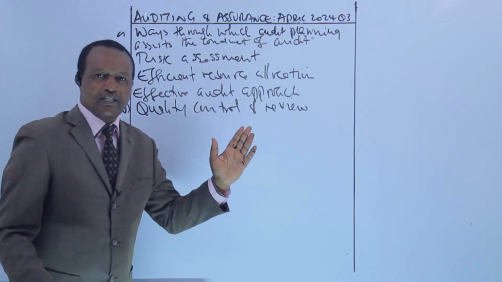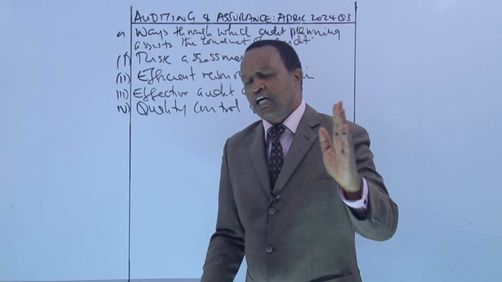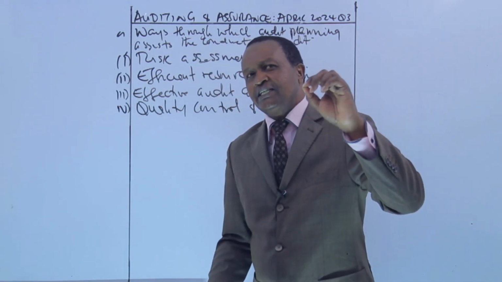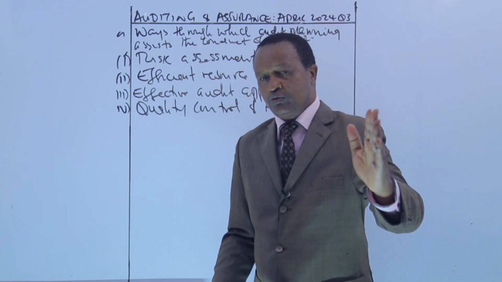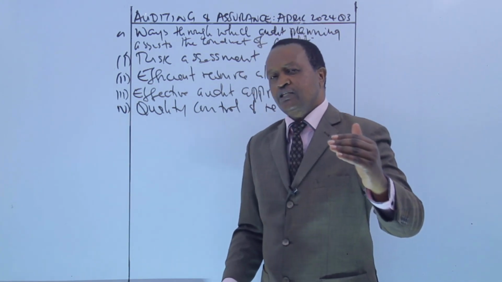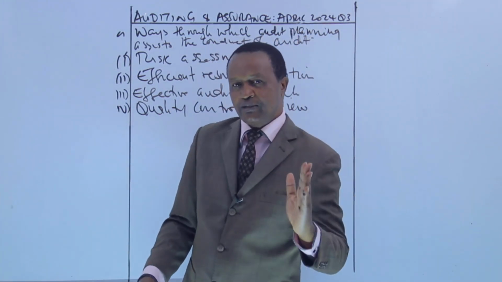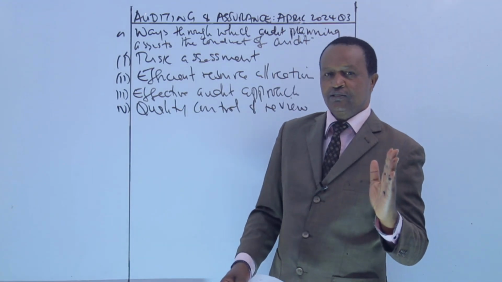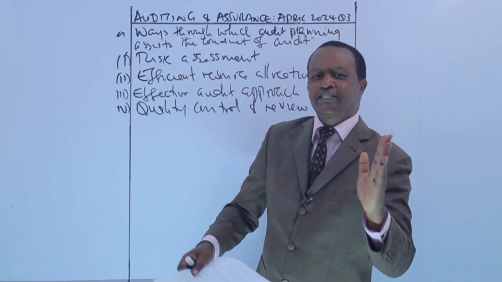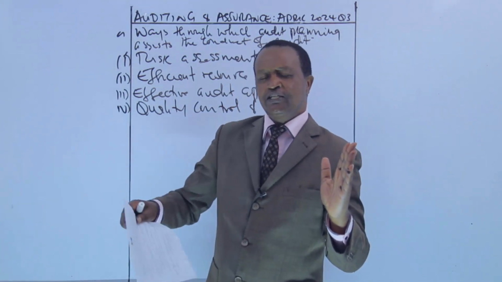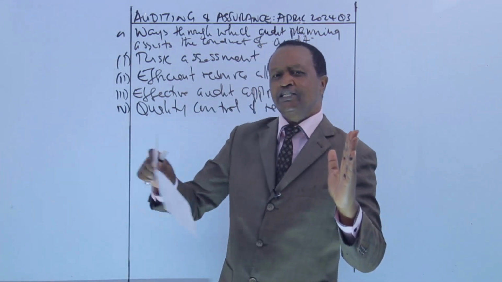Because remember, a plan outlines the scope and the objectives. An objective is a target, a goal, what the auditor intends to achieve. That is contained within the plan. You understand? So this plan facilitates control, which I've said is ensuring that what was planned is actually being achieved.